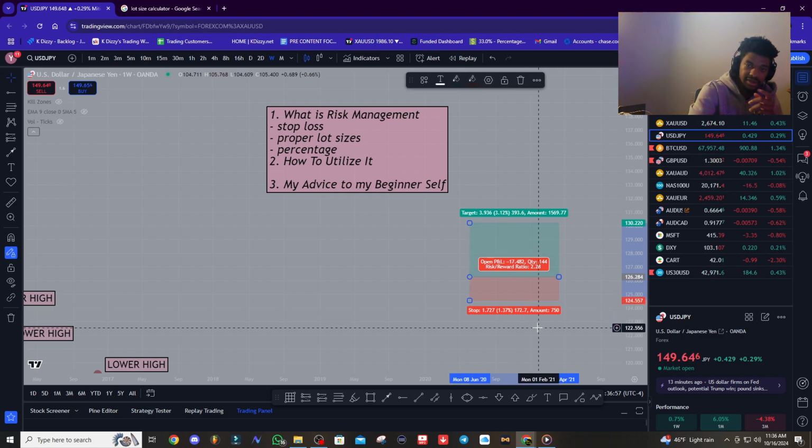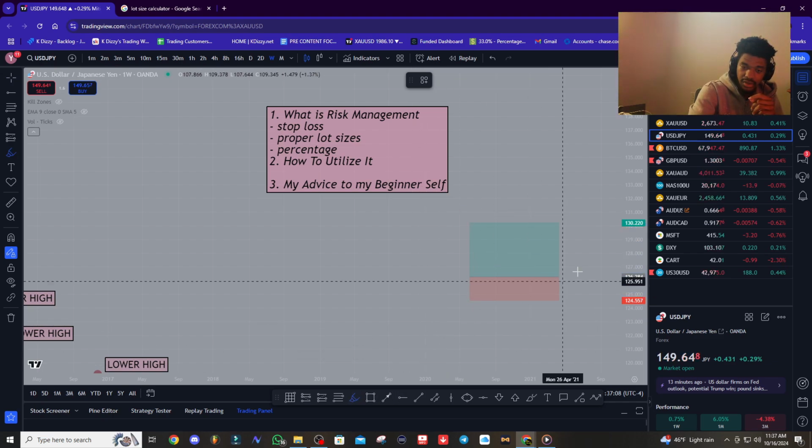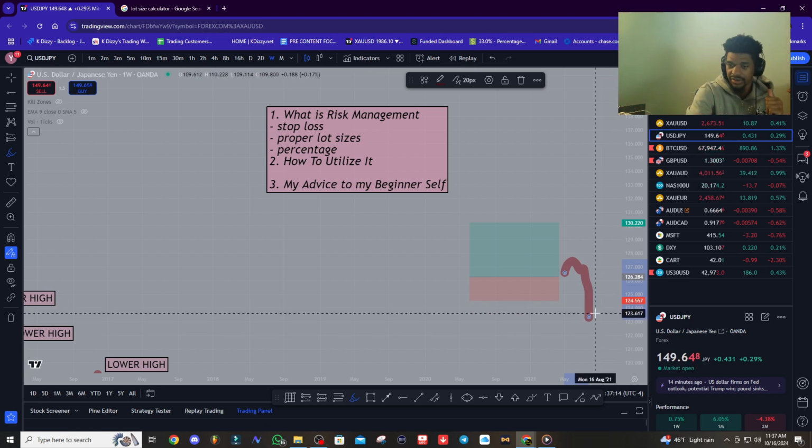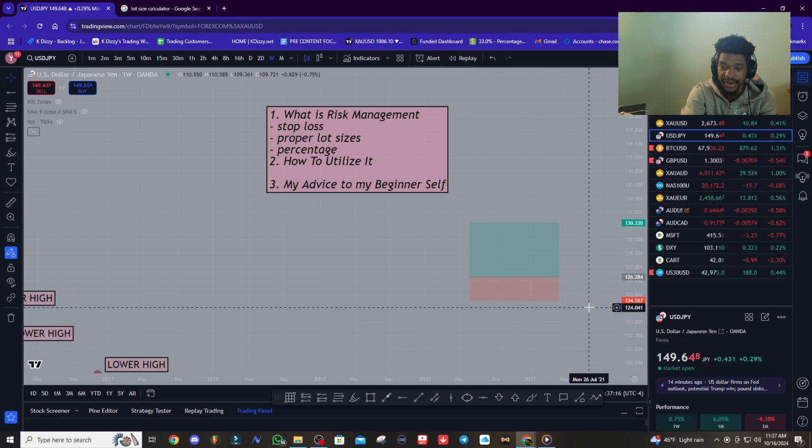That's called our stop loss. The price 124.557 is our stop loss price. So if the price was to work its way down and went past this price, then it will take me out of the trade. So that's a stop loss.